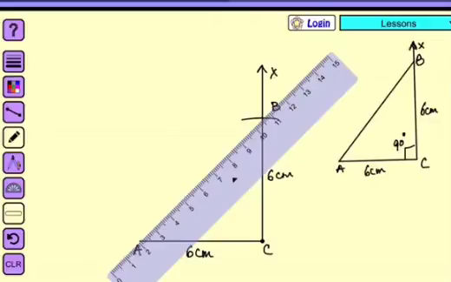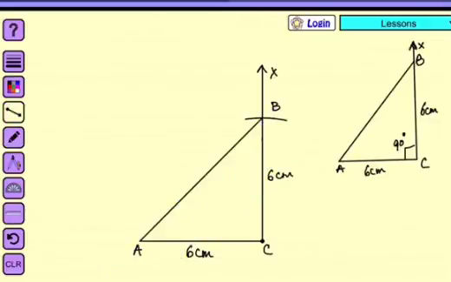Join AB. I have joined AB. Hence triangle ACB is constructed. This is 90 degrees. I hope all of you understood, children.